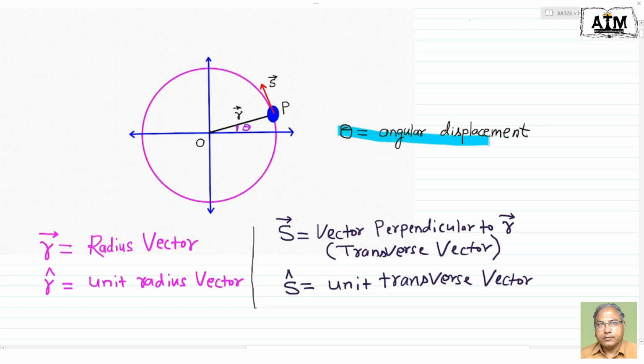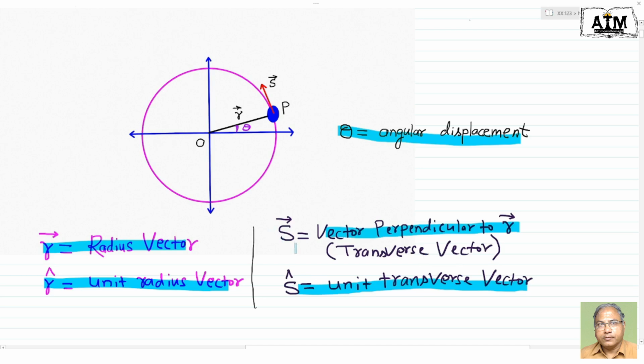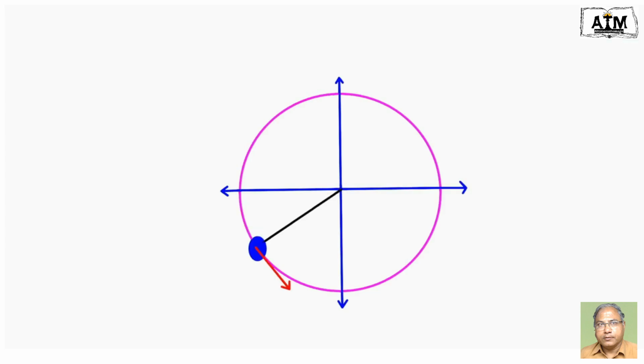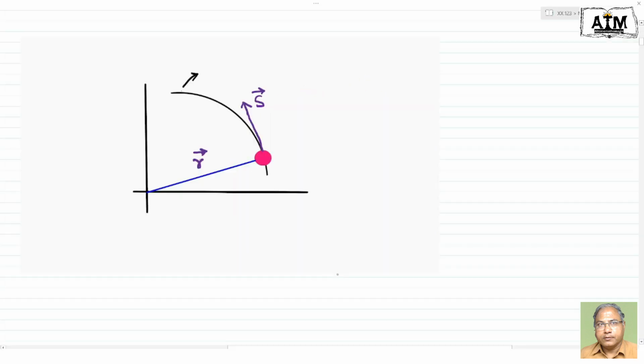Let theta be the angular displacement of the particle, R be the radius vector shown by vector OP, R cap is the unit radius vector, and vector S is a vector perpendicular to vector R, and S cap is the unit transverse vector. The vector S is called the transverse vector. As the particle moves along a given curve, the transverse vector is always perpendicular to the radius vector.